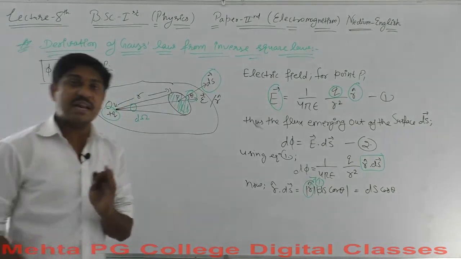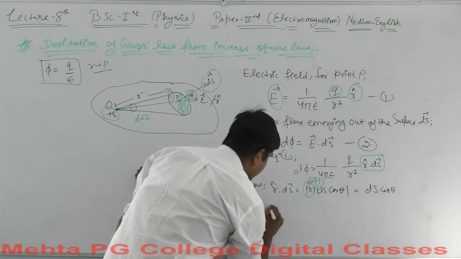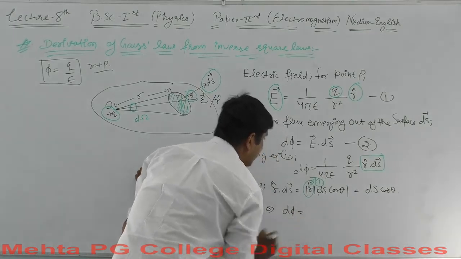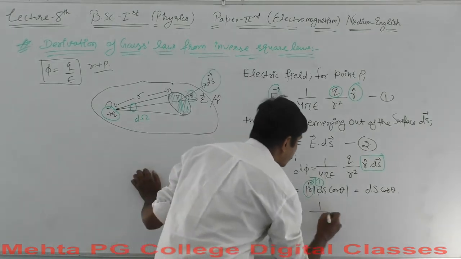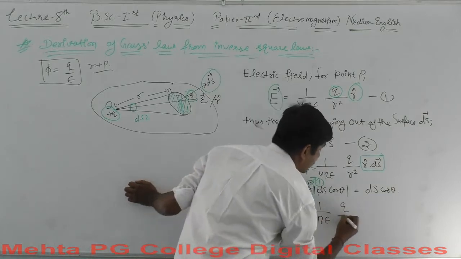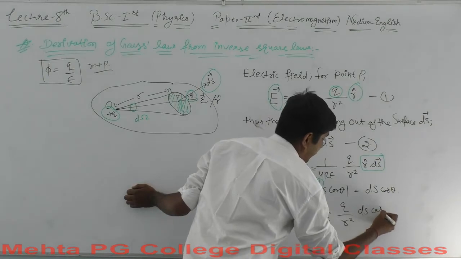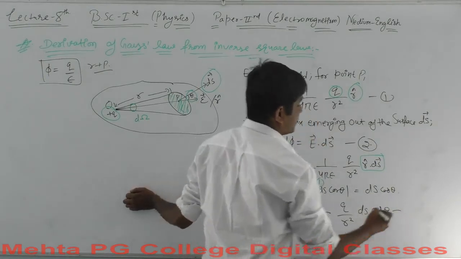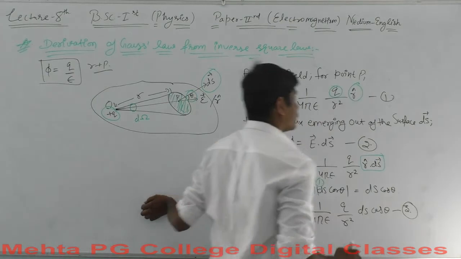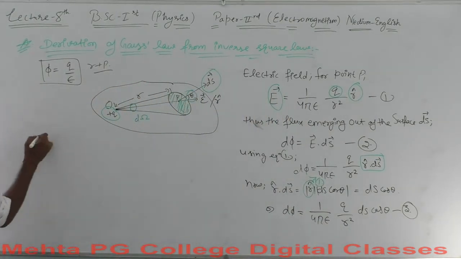So what will be the value of d omega? If you remember our last sections, let's first say what the value of d phi will be. The value of d phi will be equal to 1 over 4 pi epsilon, q over r square, ds cos of theta. Let's say this is equation 3. Now what will be the value of the solid angle?